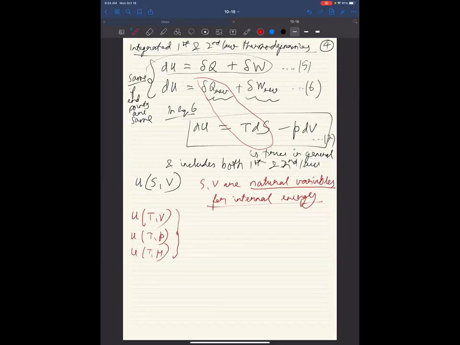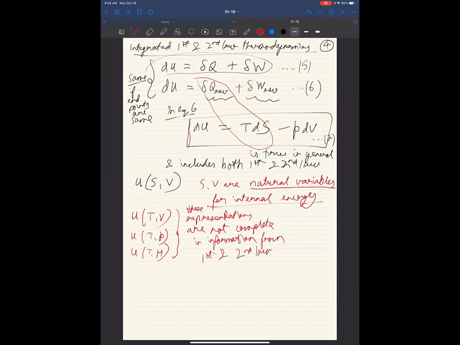So these representations are not complete in information from first and second law. They are missing something.